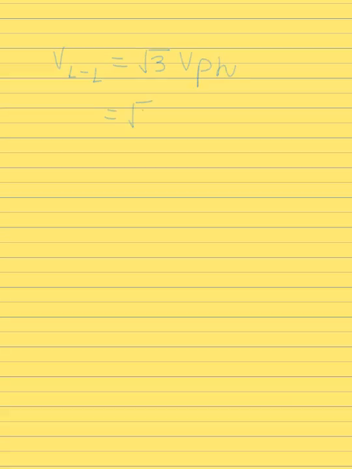So root 3 times 120 gives you 208. This is about phase and line quantities and has nothing to do with RMS or non-RMS. This is again the RMS value of the AC voltage, but this is the line voltage. Once we have calculated phase, the terminal voltage of the generator is always the line voltage. So line voltage in case of Y connection is root 3 times the phase voltage.